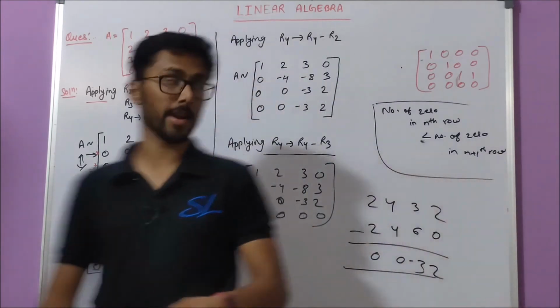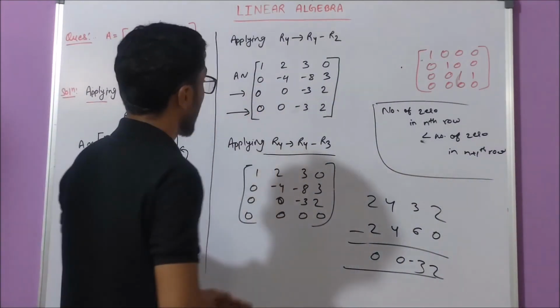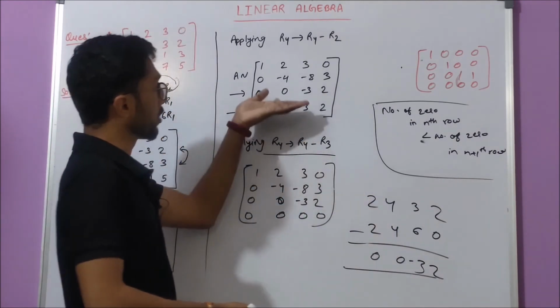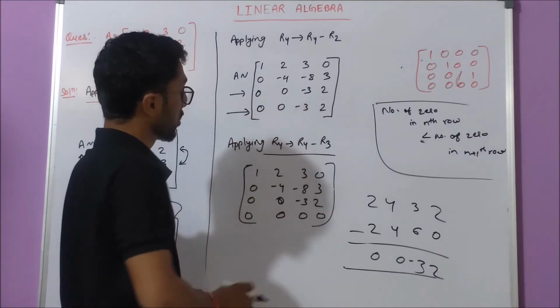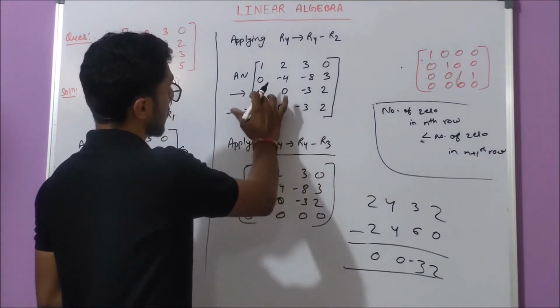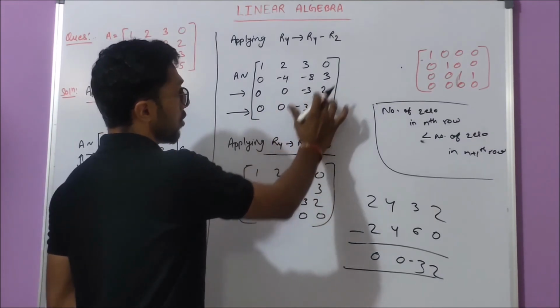Now I have seen that the third row and fourth row are the same, so I can directly subtract the third row from the fourth row and make all the elements of the fourth row 0. So R4 minus R3: 0 minus 0 is 0, 0 minus 0 is 0, minus 3 minus minus 3 is 0, 2 minus 2 is 0.